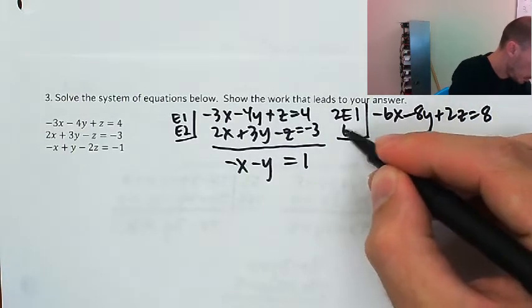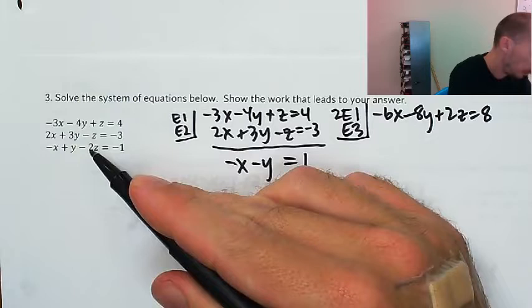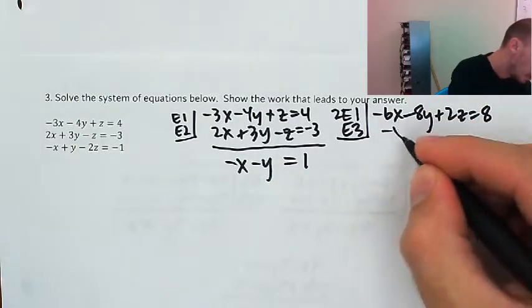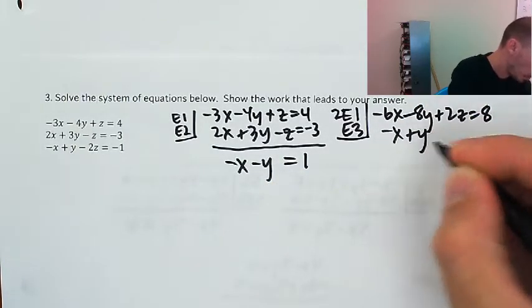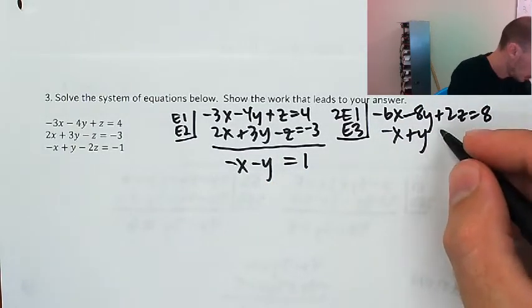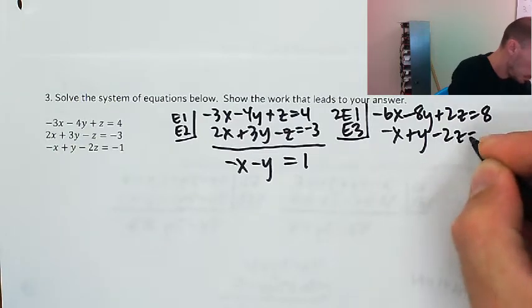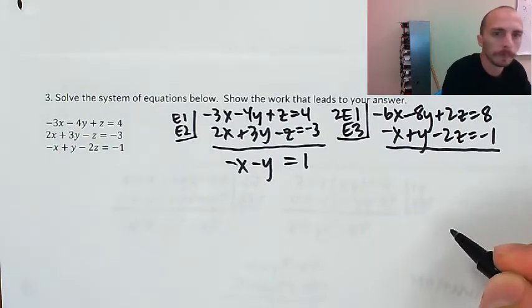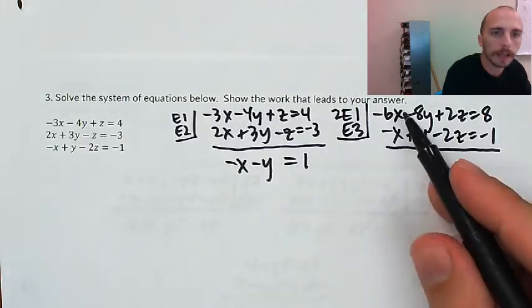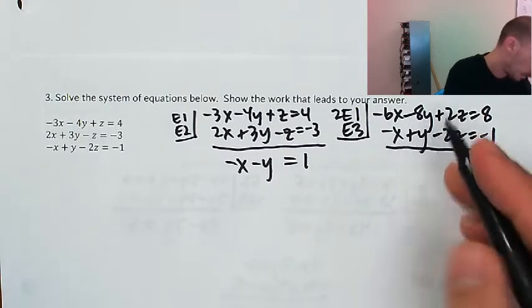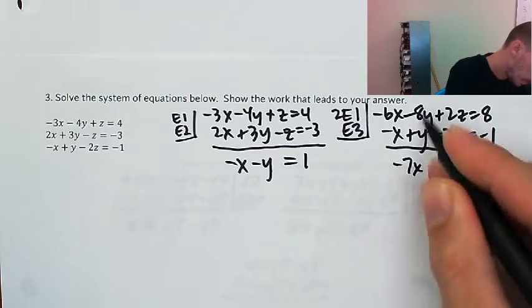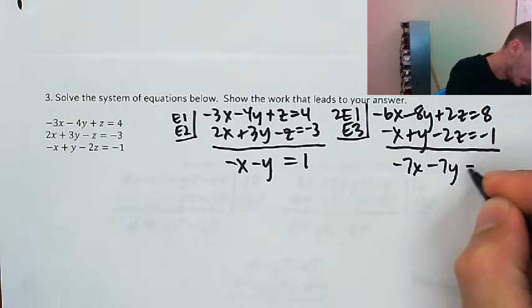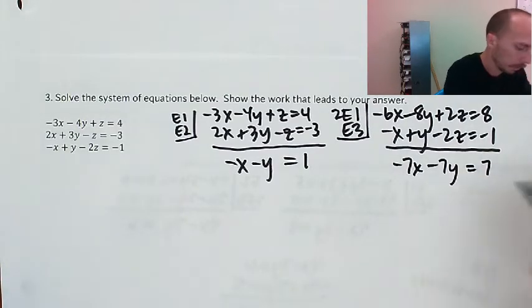And then equation 3, right, because I need to have negative 2z, yes, that's the plan, negative x plus y minus 2z equals negative 1. All right, and I would get negative 7x, negative 7y equaling positive 7.